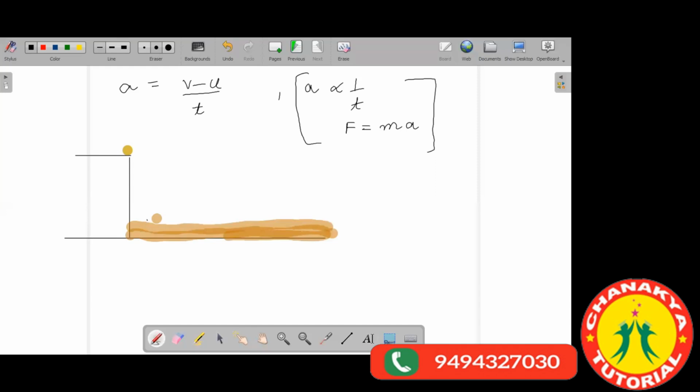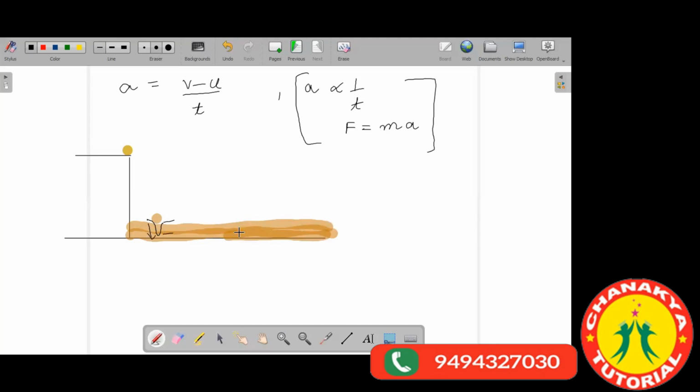Your body goes deep inside along with the cushion, and then the cushion rises up. So whatever change of momentum is brought about here, it takes some amount of time for the cushion to go down.